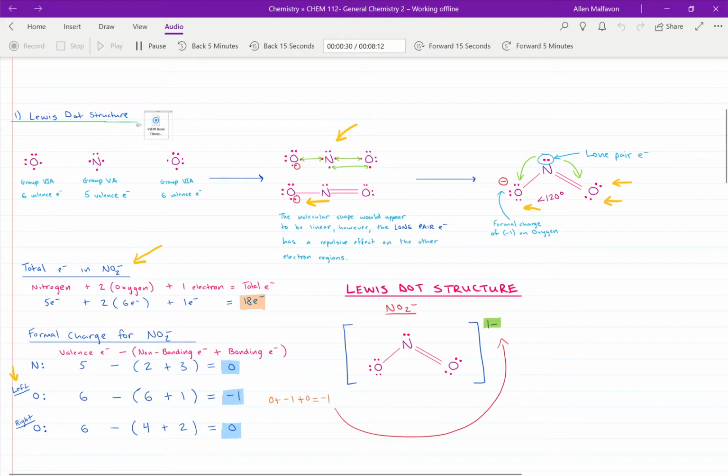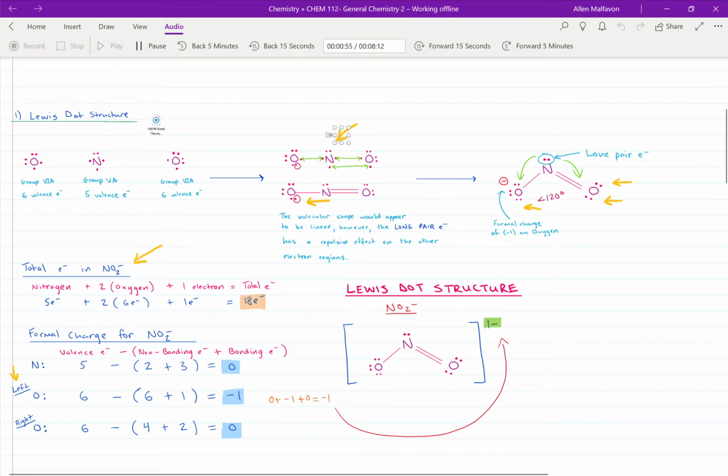Now, to begin drawing, I prefer this method that makes more evident the possible bonding pairs that will occur between the central atom and any surrounding atoms of other elements. Here, beneath my yellow arrow, I have drawn the individual atoms of the ion.